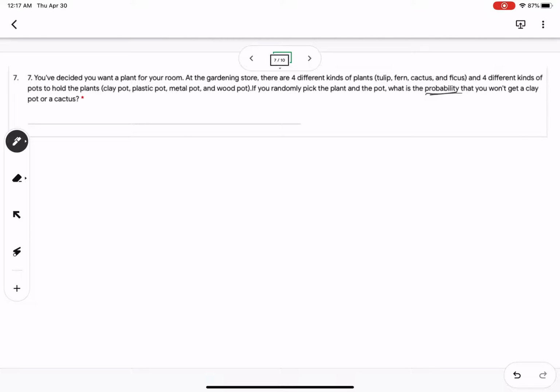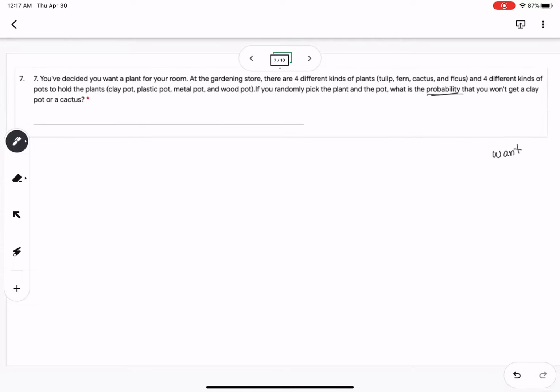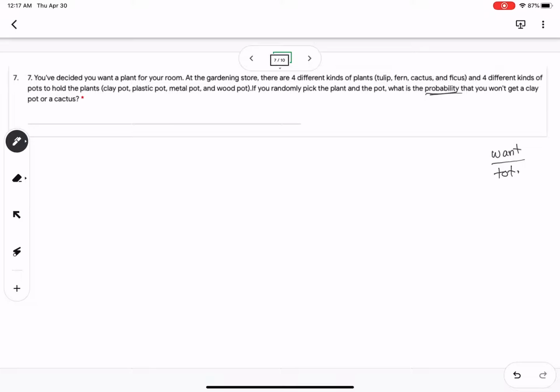So that means we're still looking at that want over total. So again, first thing we want to do is find our total. Find all the different possibilities that there are here, okay? So let's look at first the different kinds of plants. So the different kinds of plants we could have are tulip, fern, cactus, or ficus.